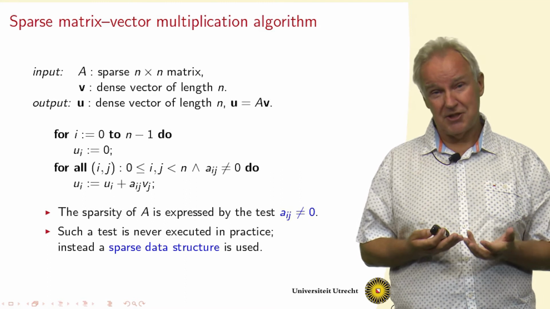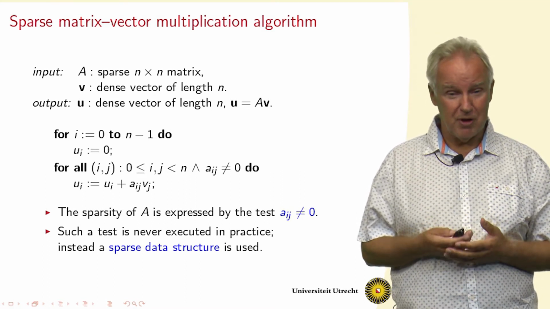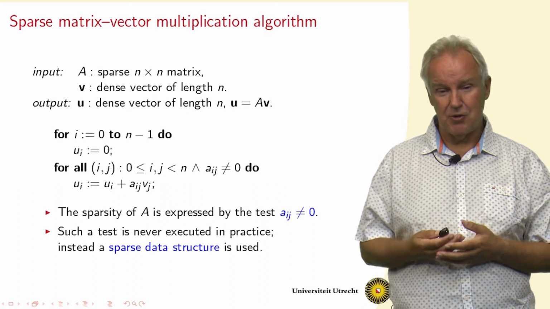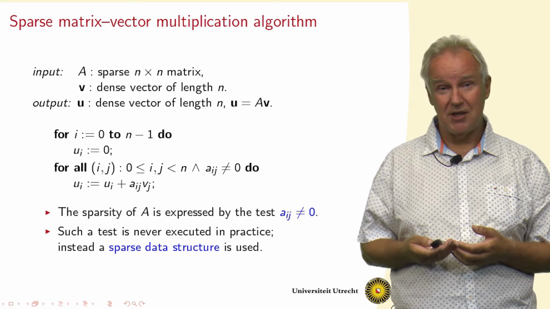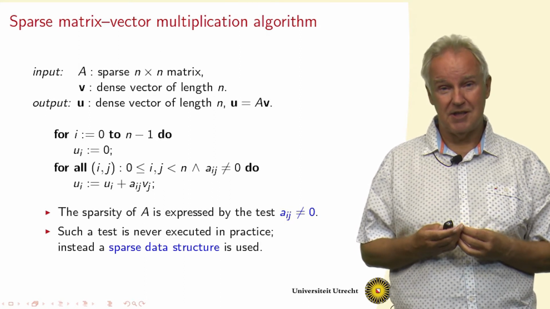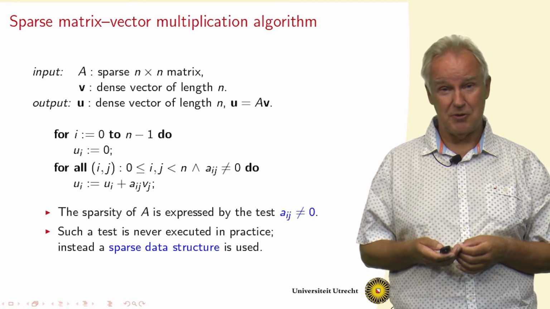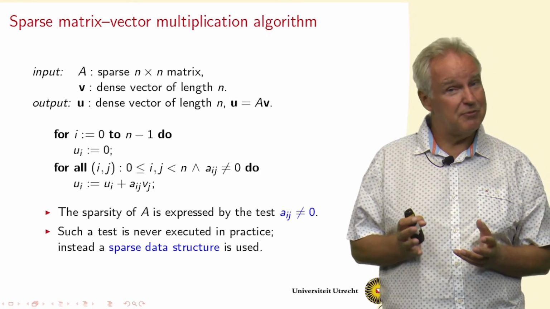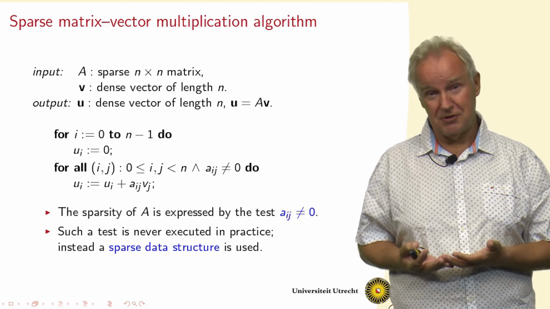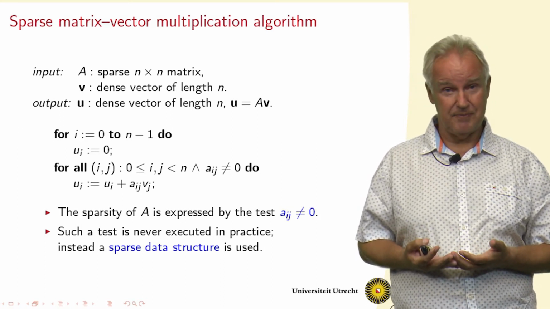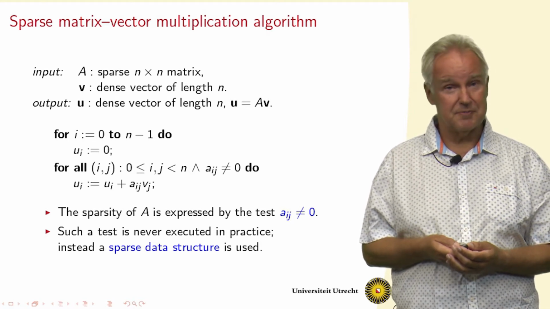So after initialization of all the ui's to 0, you perform the operation ui plus aij vj only for the elements that are non-zero, for which aij is not equal to 0. And you don't even perform this test because usually you only store the non-zeros in a data structure. That's how you save all the work for the zeros.